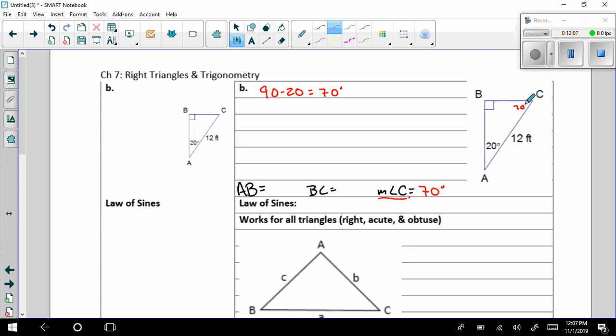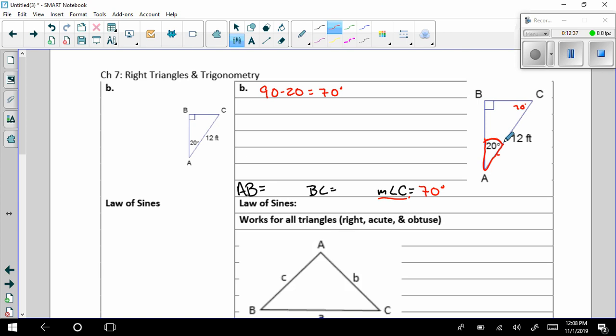As far as the sides go, we have to use our trig ratios. This is a 20, 70, 90, which doesn't do us any good. And so we would set those up. And again, you're choosing your angle of interest. So I may just stick with the one they gave us. I would do that logically just in case my math was wrong on the first part of the problem. 90 minus 20 is not a hard math problem, but still.